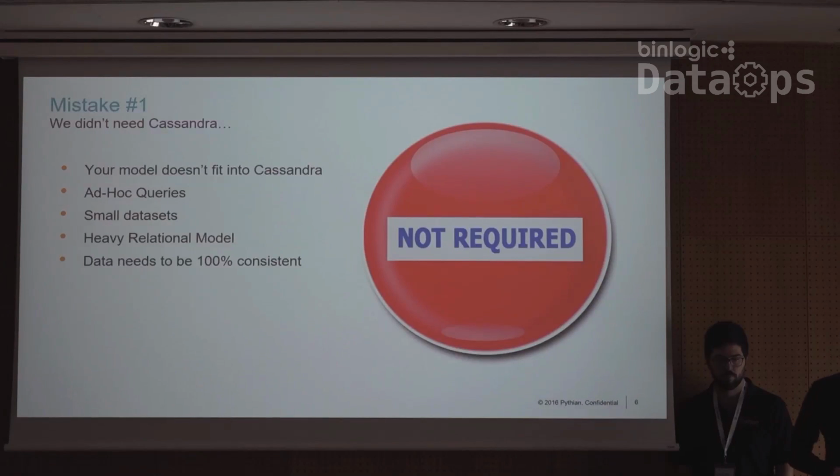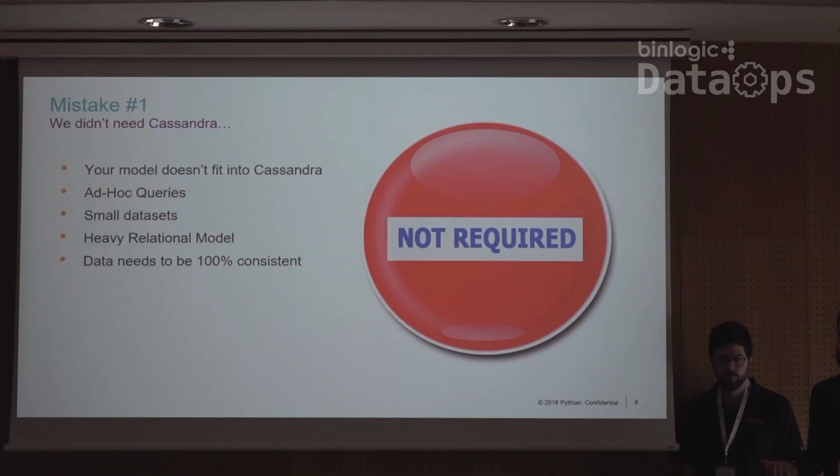Again, small data sets are not really the strong point for Cassandra. You usually go to Cassandra whenever you have huge data sets and huge ingestions. We already talked about the relational model and about the consistency. Basically, since Cassandra is a distributed system, to leverage Cassandra fully, you will want to have a cluster with multiple Cassandra nodes.